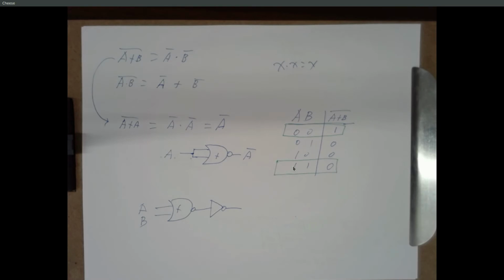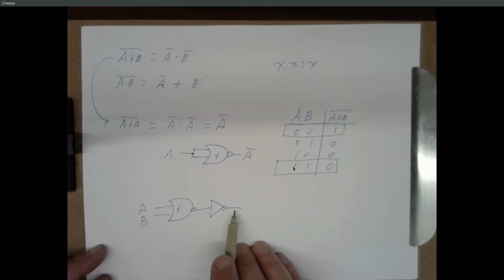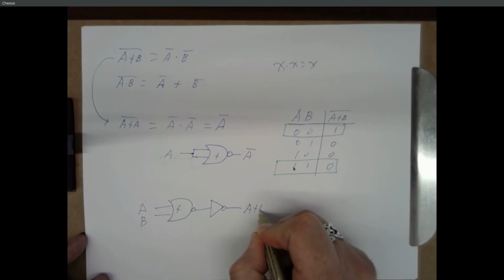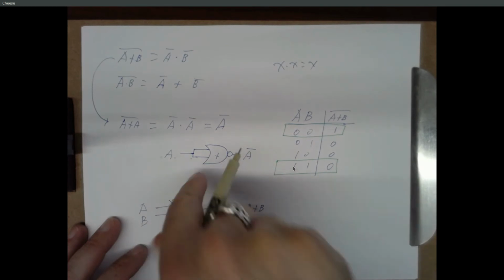Think about it logically. What is the output here of this NOR gate? It's not the OR, right? It's the OR with a negation on top. If we take that and we negate it again, logically, what is this output equal to? It's just the OR. This is A or B.